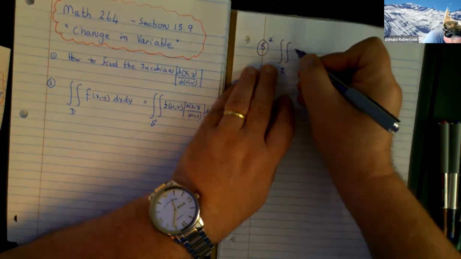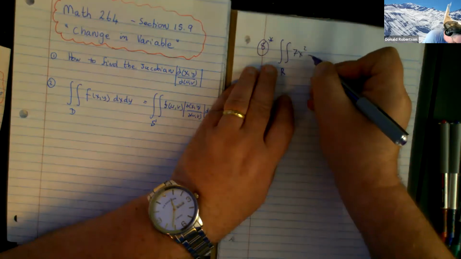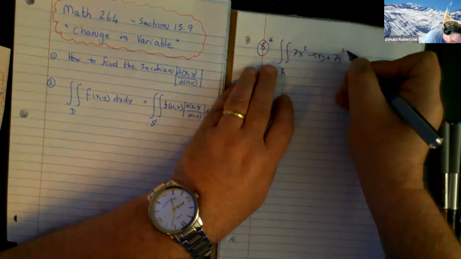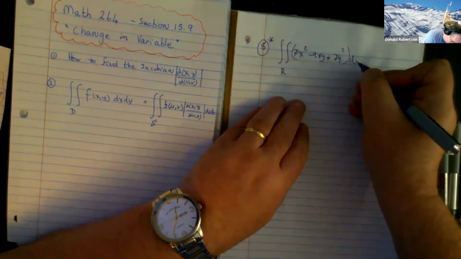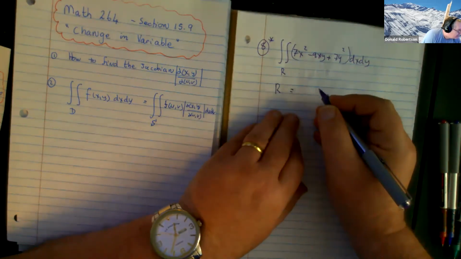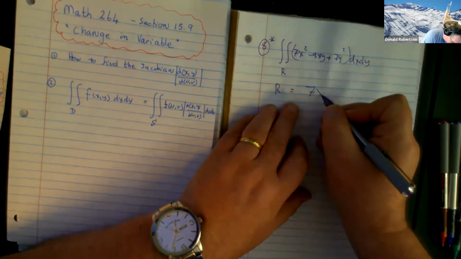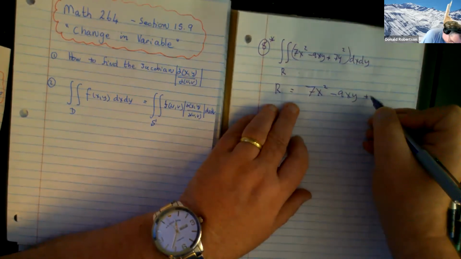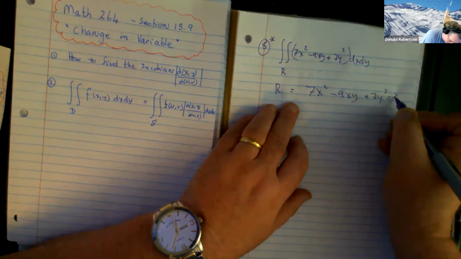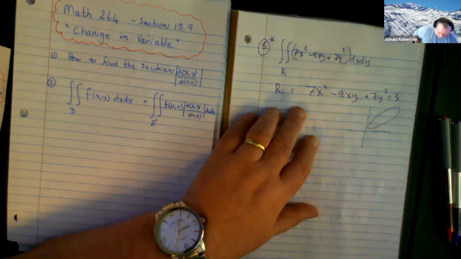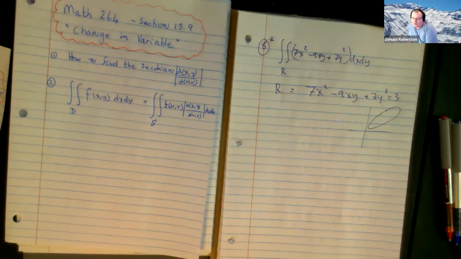This is the original question. The region R is described as another one of those ellipses. Except I bet you if you sketch this ellipse, it would be an ellipse orientated at an angle, which is even worse looking than it would have been before.